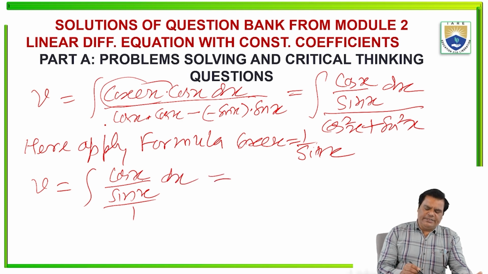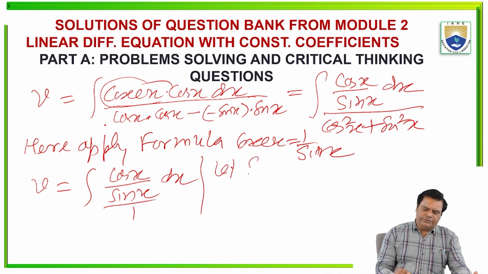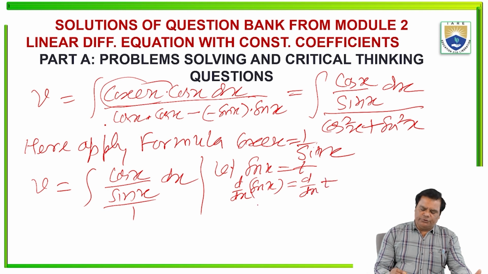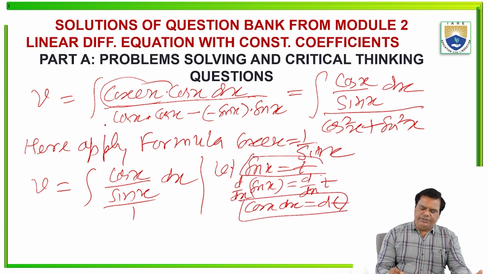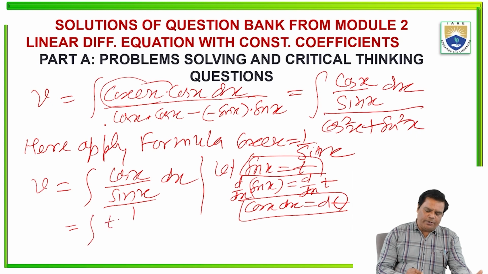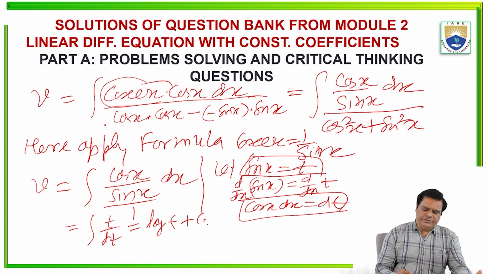So for the integration of this, let sin x equal to t. Differentiating, d/dx of sin x equals d/dx of t, so cos x dx equals dt. And sin x is t. So we get integration of dt upon t, which equals log t plus c2.